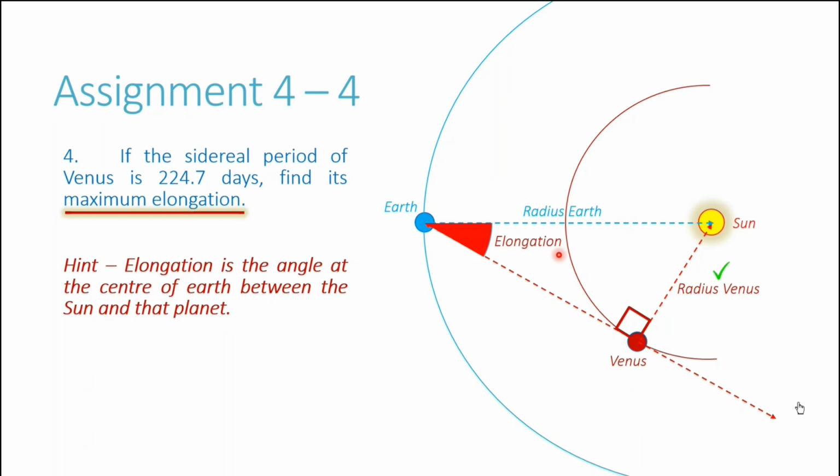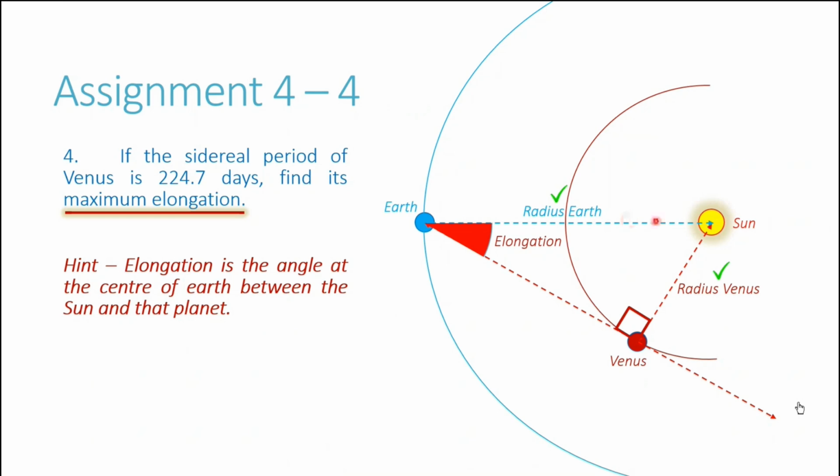And in this particular diagram, the radius of the Earth is known to us, the orbital radius of the Earth, which is 93 million miles, 93 into 10 raised to power 6 miles. And if we also know the radius of Venus, then we can very easily calculate the elongation. How can we calculate it? We know sine theta is equal to perpendicular upon hypotenuse. So sine of elongation will be equal to radius of Venus divided by radius of Earth.